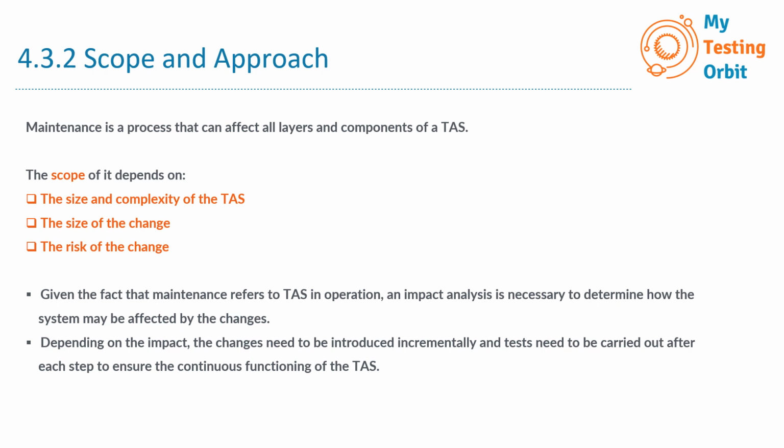It's a bit like renovating your house one room at a time so you can still live in it. And of course, after each step, you would want to run tests to make sure that the TAS is still working smoothly, just like testing the water and electricity after renovating a room in your house.